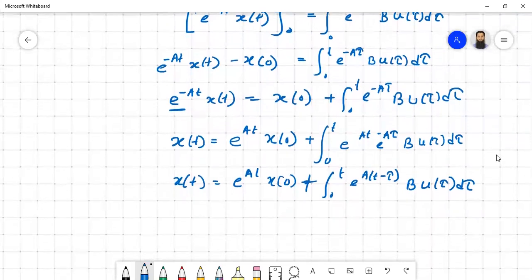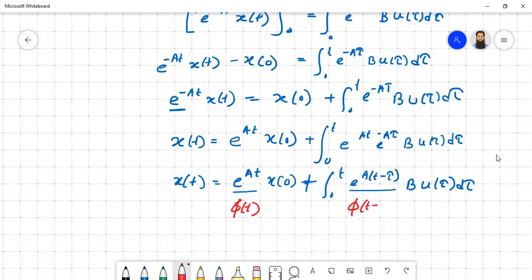Okay, so what we can write finally is this is nothing but our phi t as we defined earlier, the state transition matrix, and this is actually a shifted, time delayed version of your state transition matrix. So if we say this is phi t, then we can say this one is phi t minus tau.